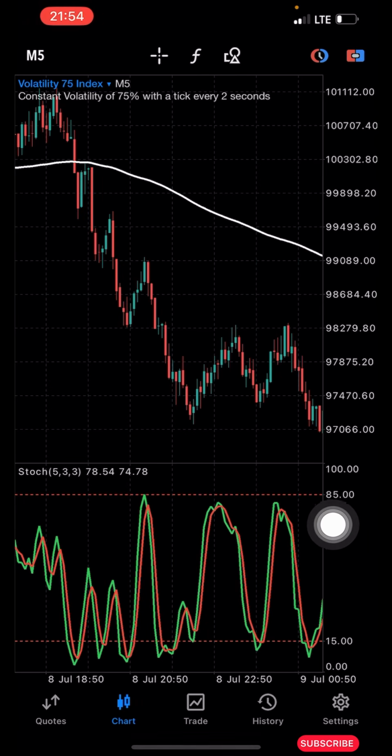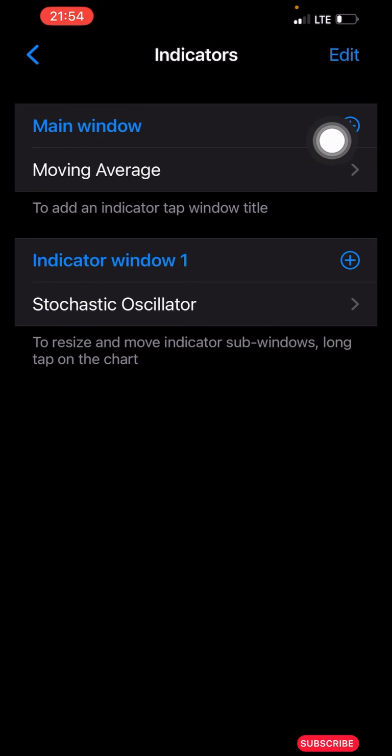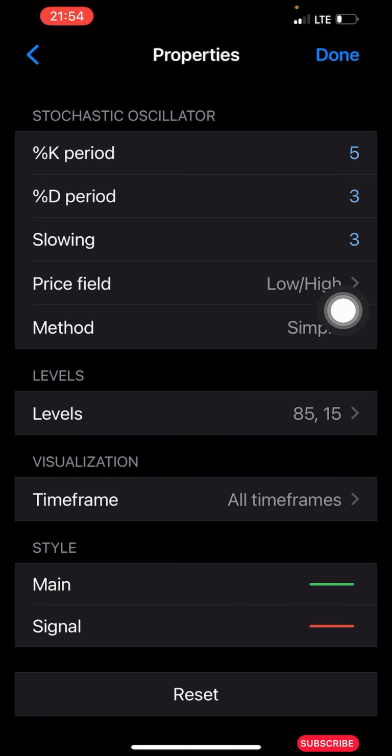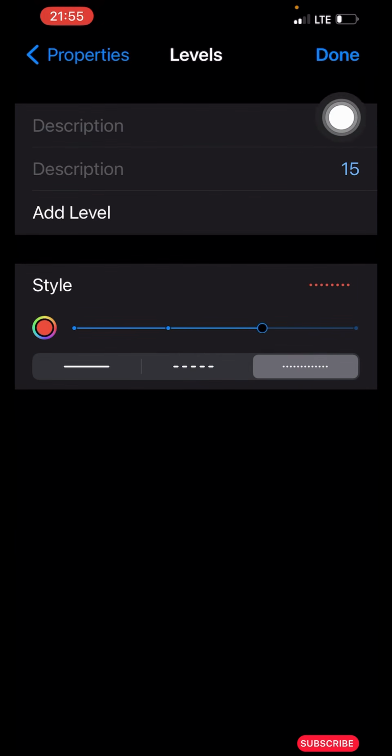Right, you are going to see this white line here on your main chart. Now you click on the main window plus icon again. Then you search for your stochastic oscillator. These are the properties for the stochastic oscillator. The K period is 5, D period is 3, slowing is 3, price field is low/high, method is simple, and the levels you set to 85 and 15.